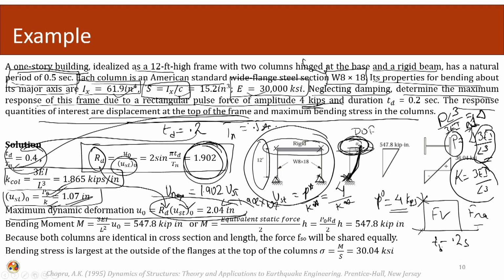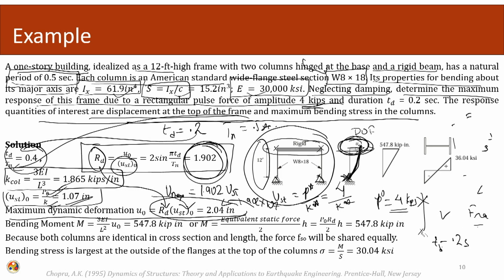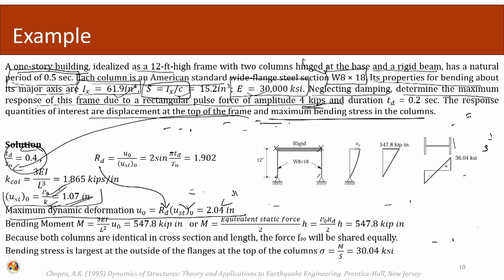Now we will try to calculate the bending moment. How do we calculate the bending moment? We will use the same formulation here. Our quantity of interest was the maximum bending stress in the column. In order to calculate it, we need to calculate the bending moment, and from the bending moment we will be able to calculate the bending stress in the column.